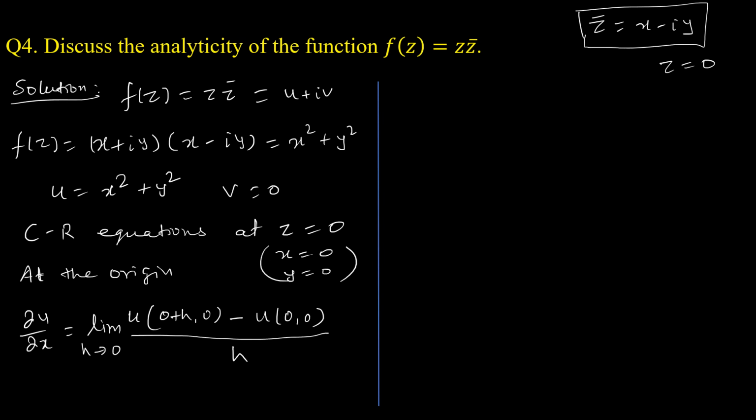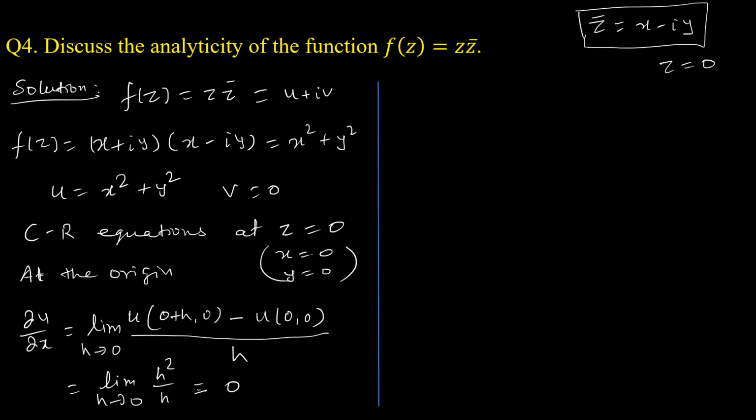So we are having the partial derivative with respect to x. By putting this, you will get h square by h, so it is equal to 0.